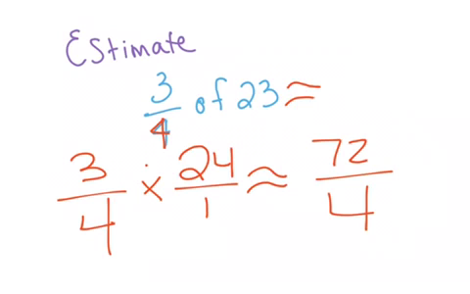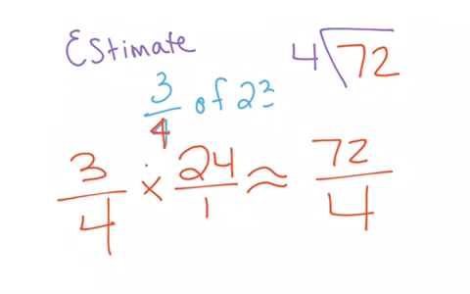So we're going to do 72 divided by 4. I'm going to do it right up here with you. I'm going to erase some of this so you can see a little bit. So 4 goes into 7 one whole time. We subtract 4. 7 minus 4 is going to be 3. Drop that down here. Going to be 2. So how many times does 4 go into 32? 8 times.